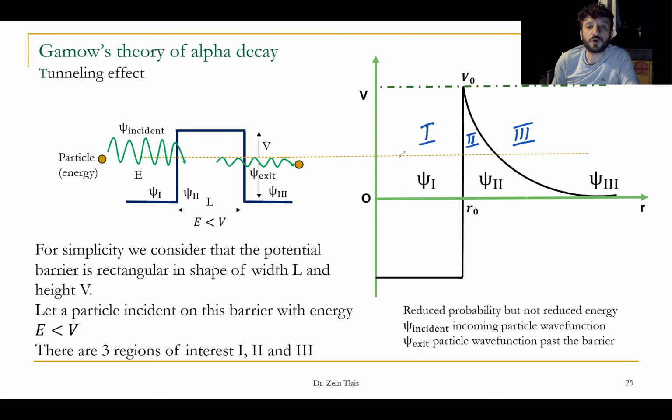The incident wave comes here, here we have refraction, and we get the wave function out of the nucleus. Let me simplify the calculation. First of all, I want to consider that we have an alpha particle here.